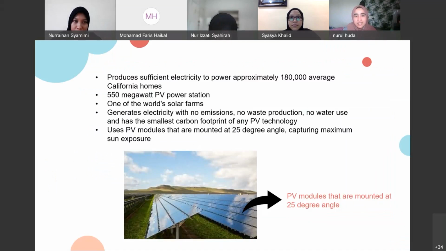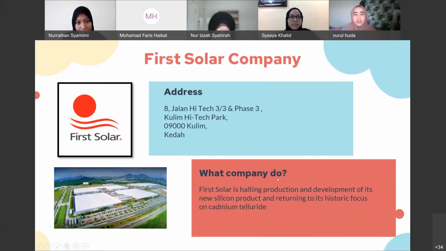It also generates electricity with no emissions, no waste production, no water use, and has the smallest carbon footprint of any PV technology. As you can see in the figure, it uses PV modules mounted at a 25-degree angle to capture maximum sun exposure.